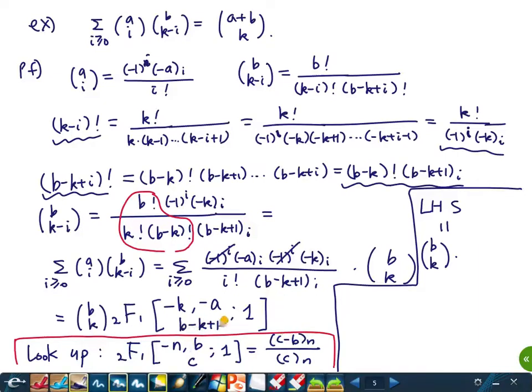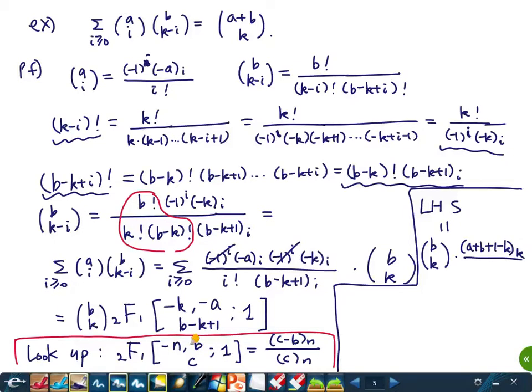c is b minus k plus 1. What is b? Minus a. So here, b minus k plus 1 minus a. So it's plus. So a plus b plus 1 minus k sub k.